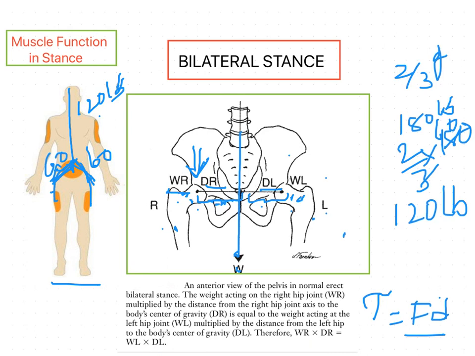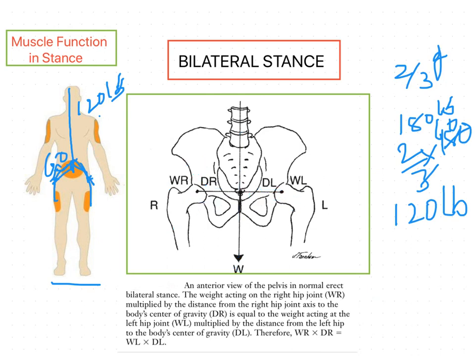So the weight of the body, W for example, acting around the right hip joint, tends to drop the pelvis on the left. So whatever compressive forces are acting on the right side around the hip joint, just imagine you don't consider the left, then only this force causes a drop of the pelvis on the left side.